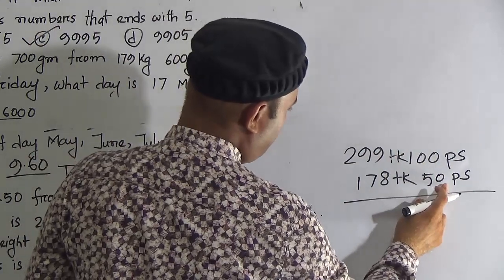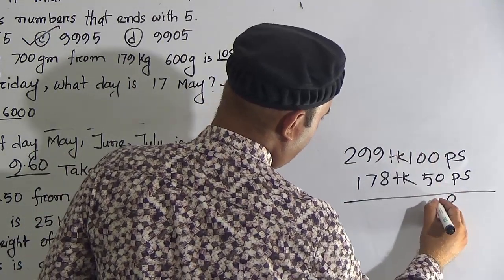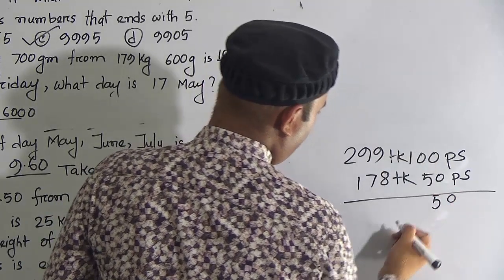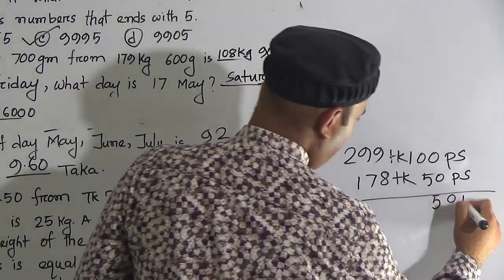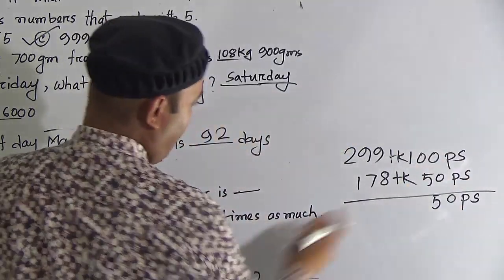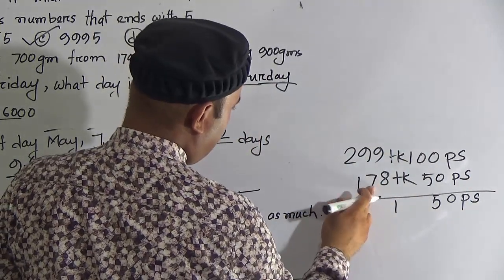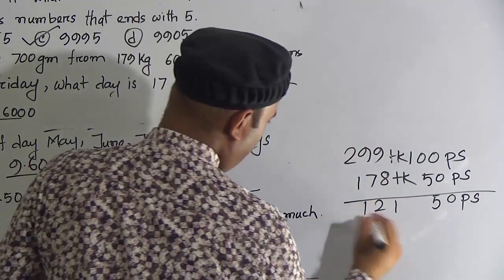Then how many paisas are there? 0 from 0 it will be 0, 5 from 10 here is 5, we have carry 1, 1 from 1 is 0, no need to write 0 here, so 50 paisas. And here 8 from 9, 1, 7 from 9 it will be 2, 1 from 2 it will be 1.